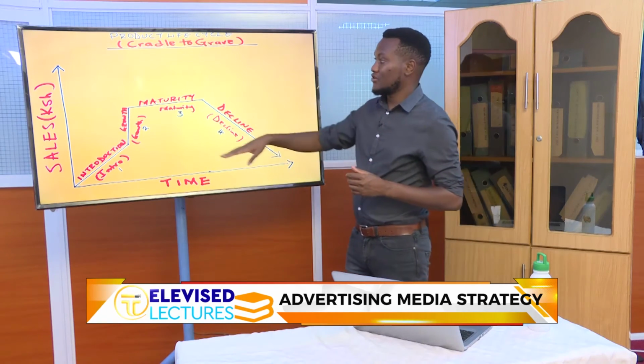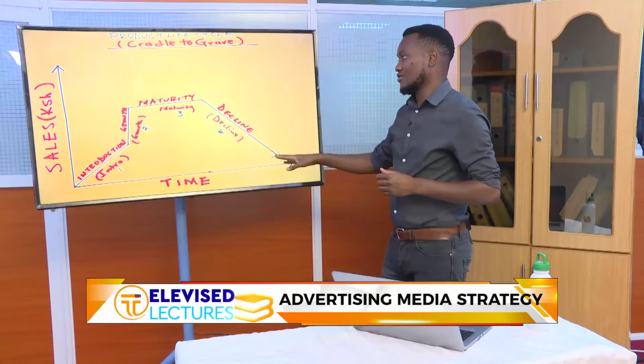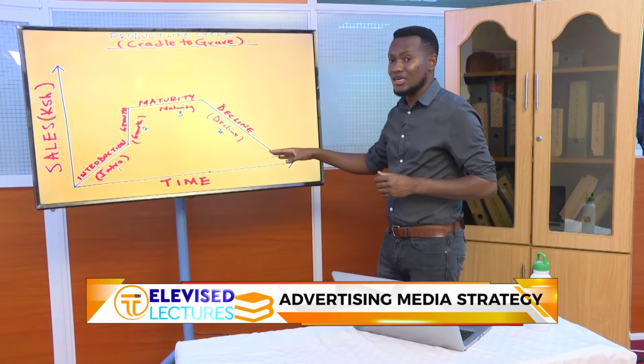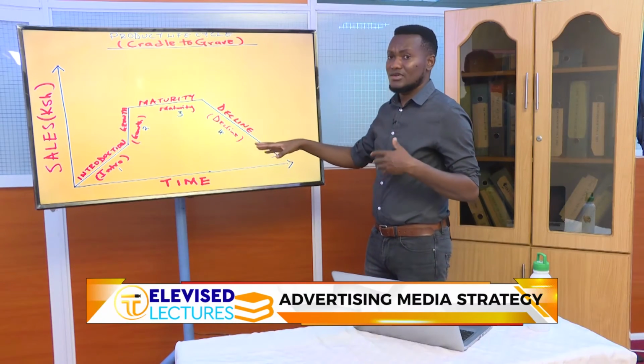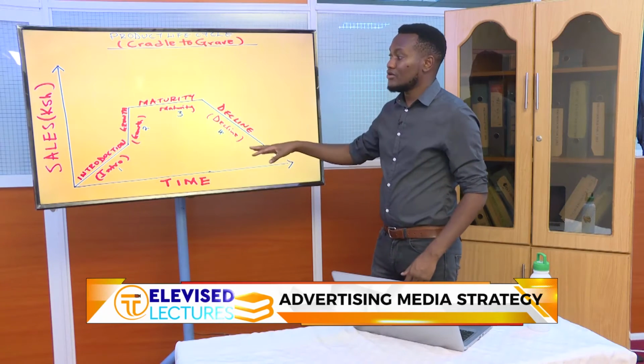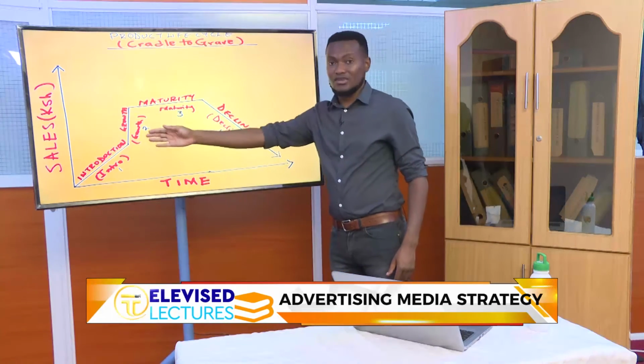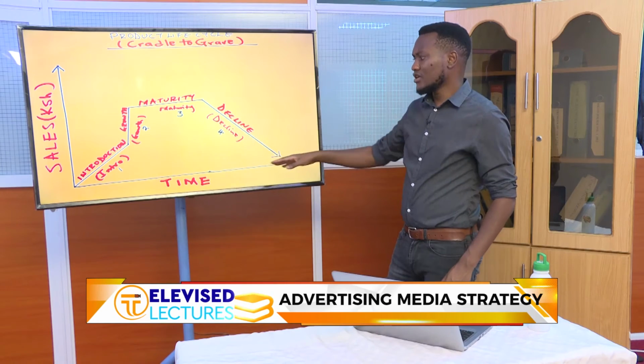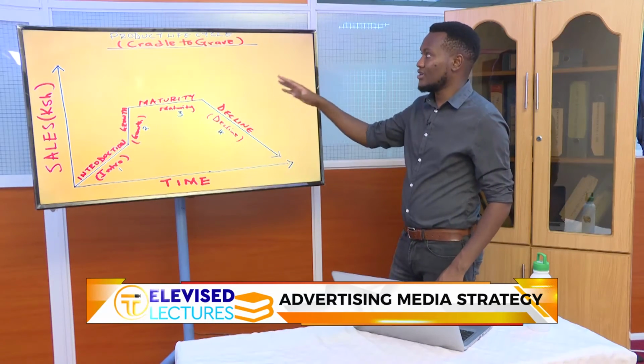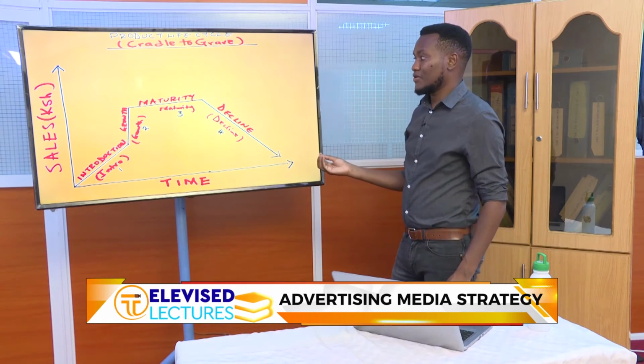And after its maturity level, it started to decline. So a lot of people don't use Nokia nowadays. They use different brands of phones that were not even there while Nokia was already at its growth. So you can see that is a kind of product life cycle that is being experienced.